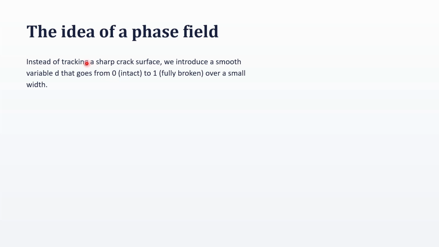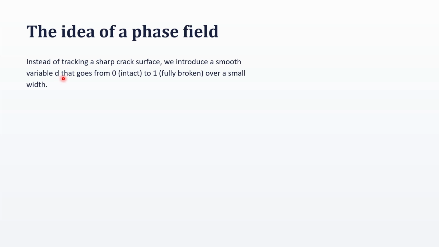To recap the basic idea of a phase field, you can find it in my previous lectures. I had given a complete playlist of 3 videos explaining the phase field model and its entire mathematical formulation, so you are free to look into it. I will just recap here. The idea of a phase field: instead of tracking a sharp crack surface, we introduce a smooth variable d. You can represent the phase field using the letter d or the Greek letter phi.